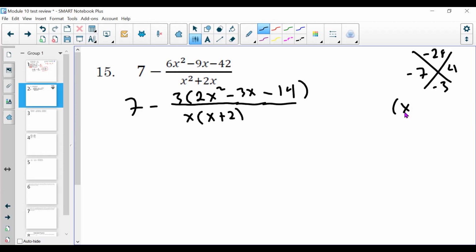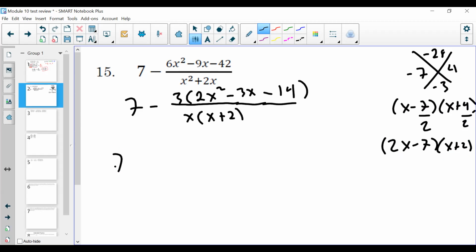So we get x minus 7, x plus 4. Divide the numbers by the leading coefficient, and we get that this is going to factor out to 2x minus 7 and x plus 2. So that's what the top's going to factor out into.